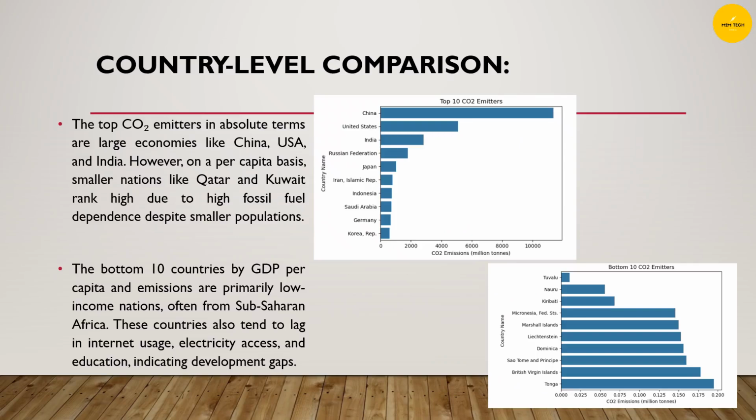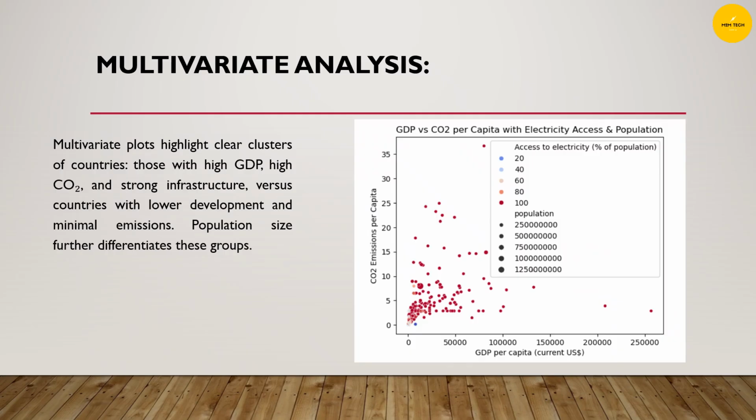The country level comparison shows that China, the US, and India are the top emitters in absolute terms, but on a per capita basis, countries like Qatar and Kuwait are higher, showing the influence of fossil fuel dependency. In contrast, many sub-Saharan African countries rank low in GDP, emissions, and development metrics, highlighting the global inequality.